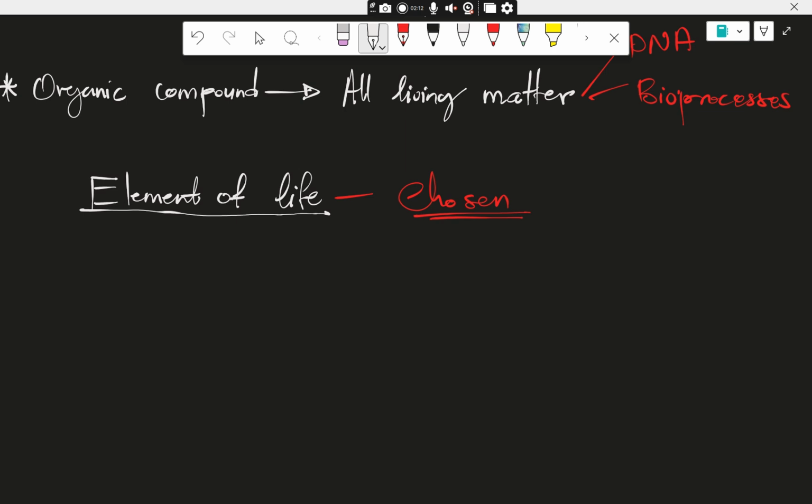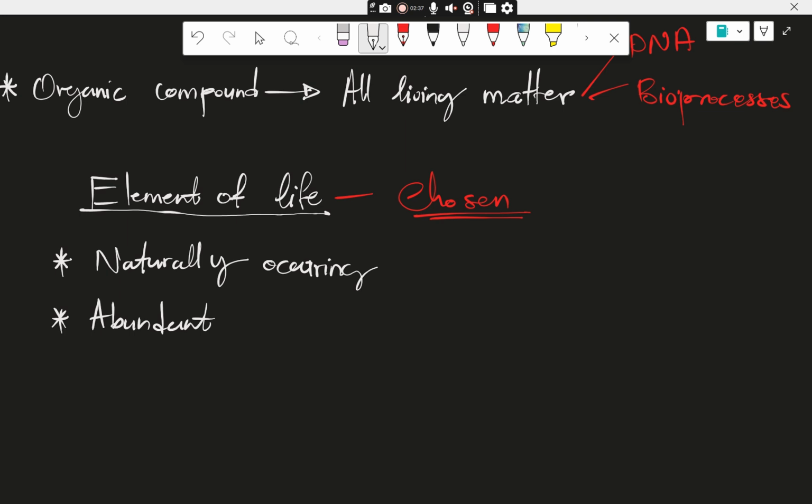So let's explore why carbon is the chosen element, right? We have a few reasons. The first one is that it's naturally occurring, right? If it's naturally occurring, that means it will be abundant, right?